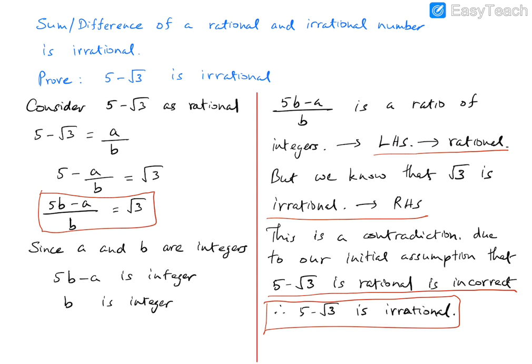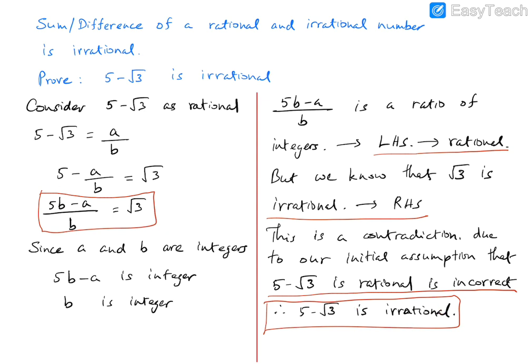We cannot have both statements be true. That's a contradiction. Because of this contradiction, we argue that our initial assumption that the number is rational is invalid. So therefore that number is irrational.